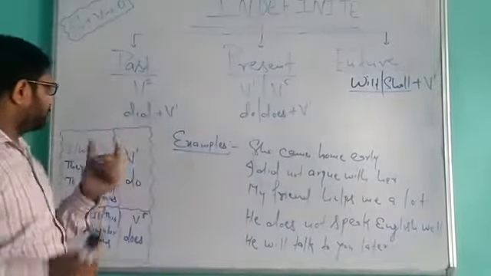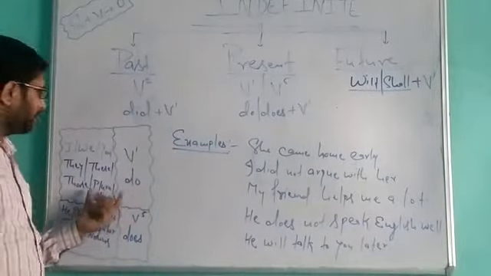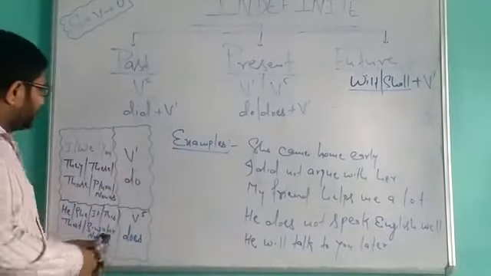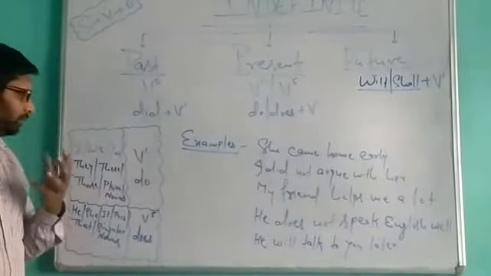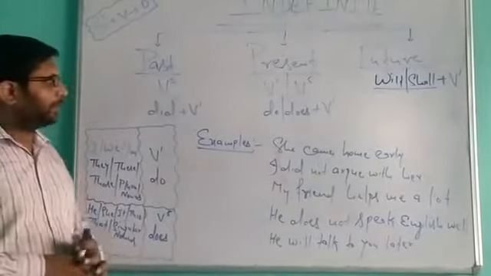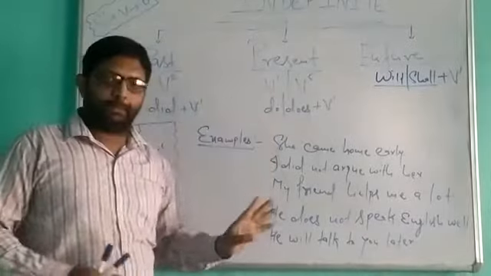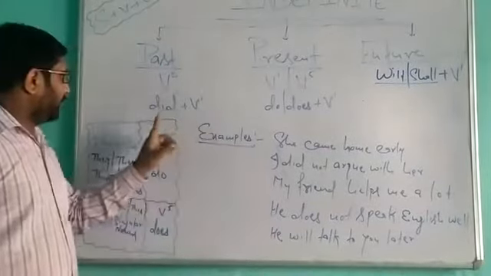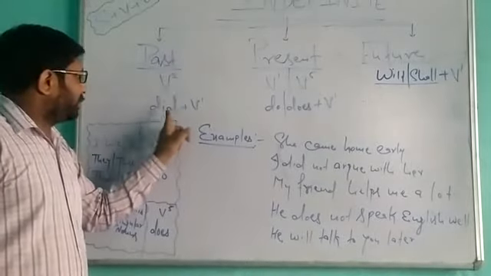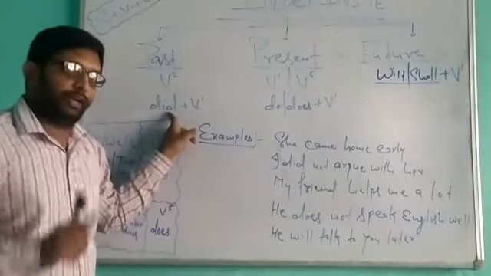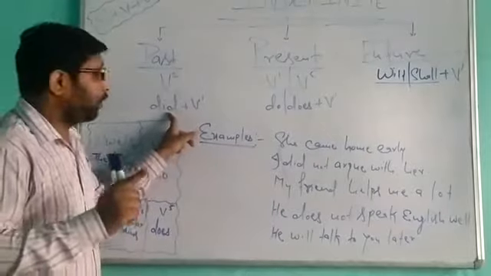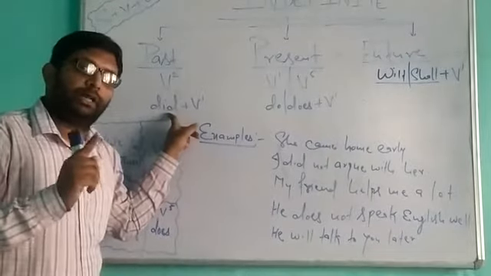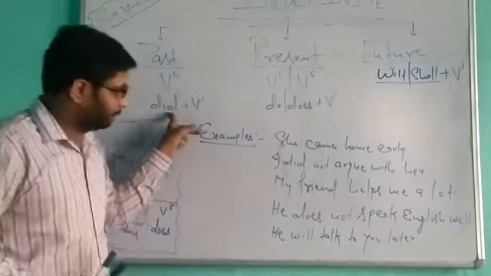Let us have a close look at this particular chart here on the left hand side. I have made this chart for a better understanding of the uses of V1 or V5. One more thing I have mentioned is that the negative of past is made with the help of did plus V1. Negative or interrogative sentences will be made with did plus V1.